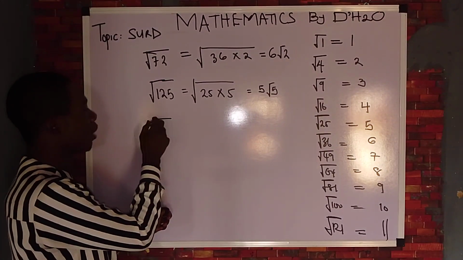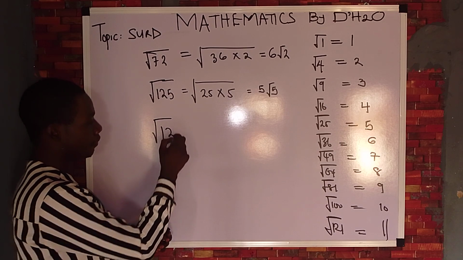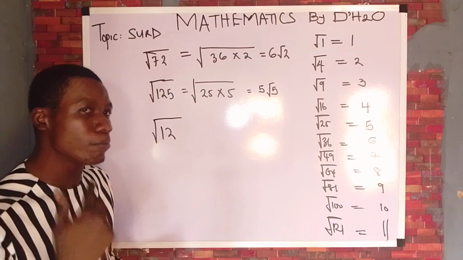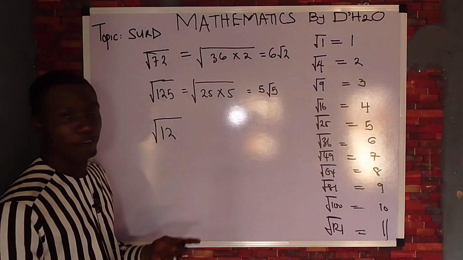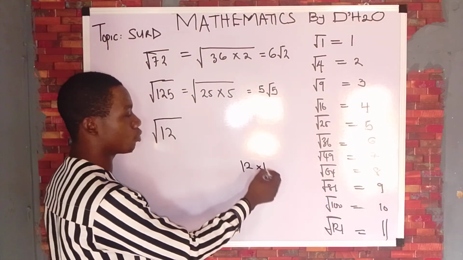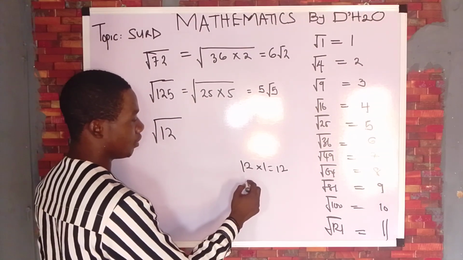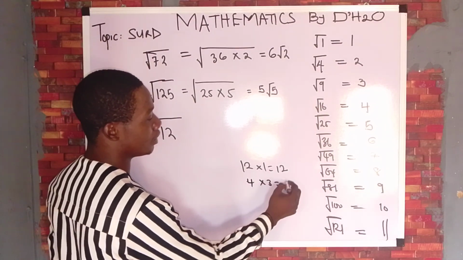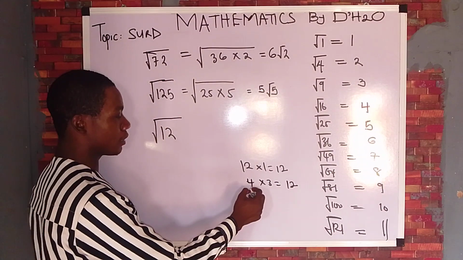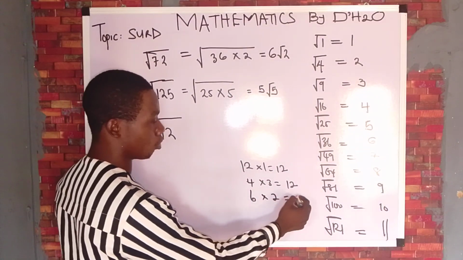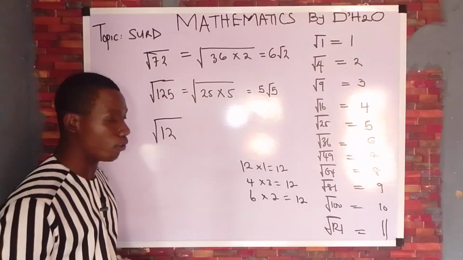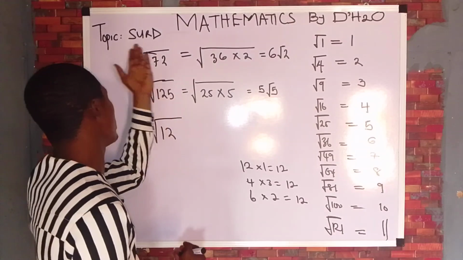Now, if I take another one like 12, don't forget there are several multiples that can give us 12. For instance, we can say 12 times 1 is 12. We can say that 4 times 3 is 12. And we can say that 6 times 2 is also 12. But which one of them is comfortable for this problem?